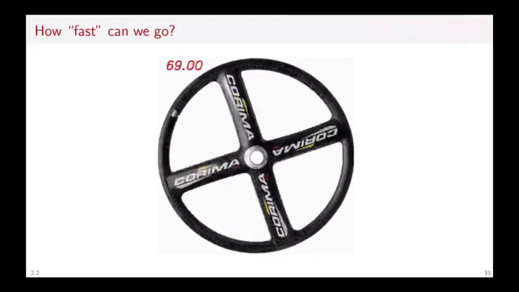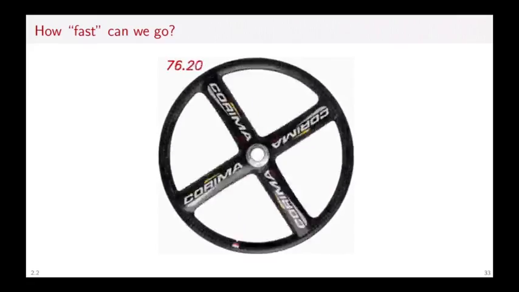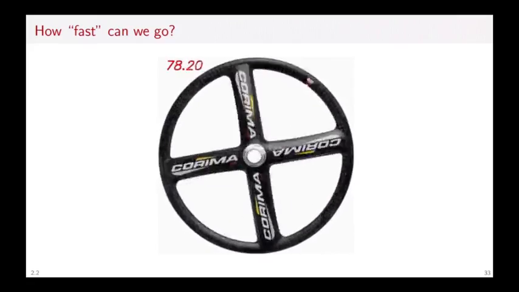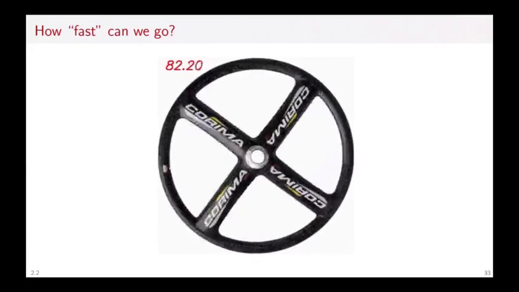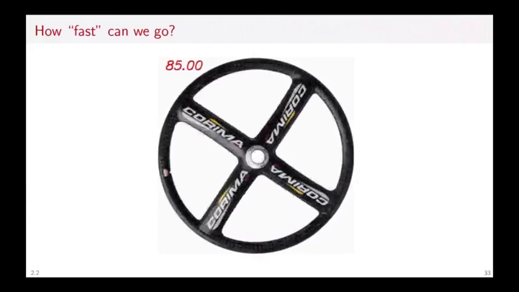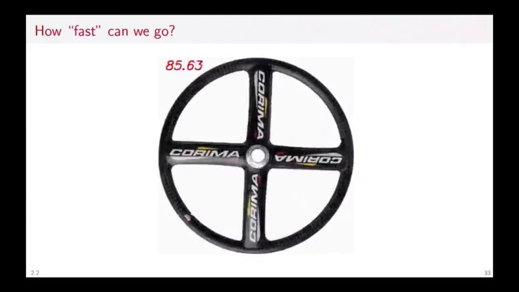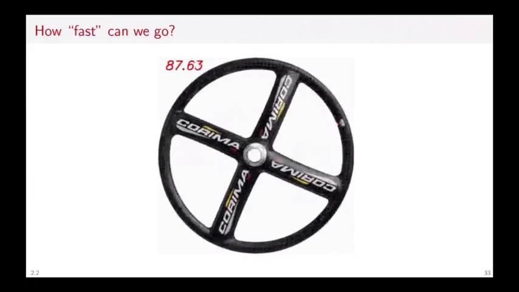Again, the wheel has a 4-fold symmetry, so we are approaching 90 degrees when it will stop. At 80, it gets slower and slower, even slower, and at 90, we're soon there, it will actually stop.